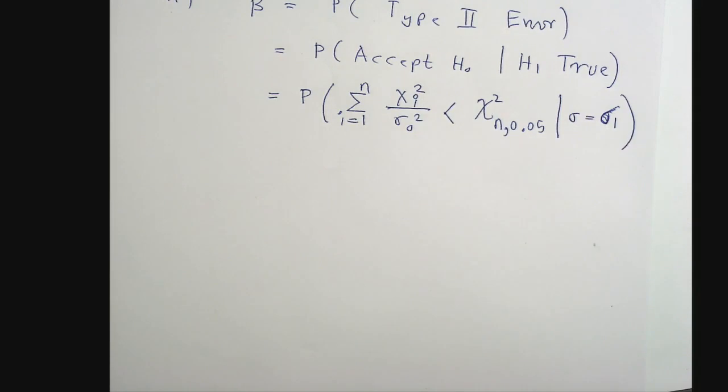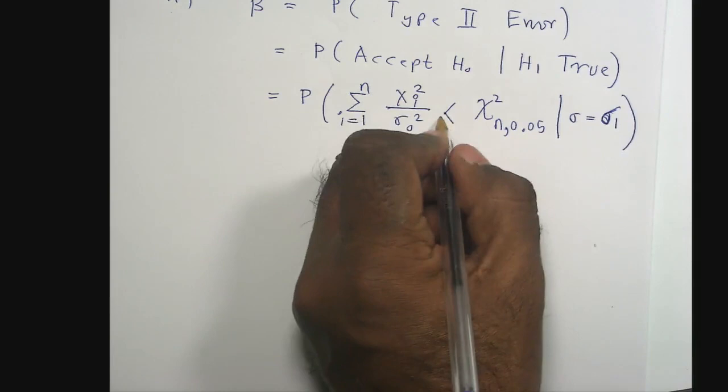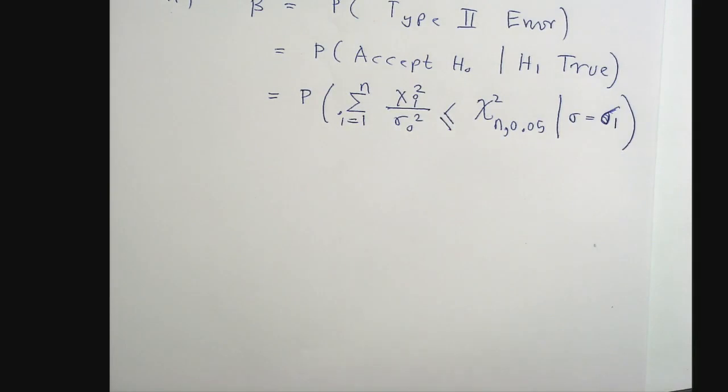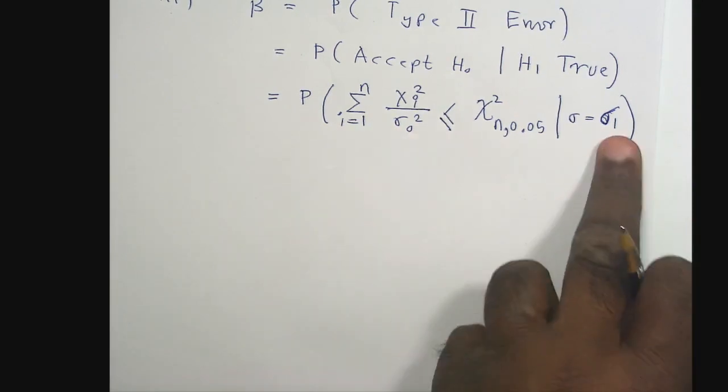You can write this as the probability that you would accept the null hypothesis, right? Remember, accept is the opposite of rejecting. So in part 2 we saw that we reject the null hypothesis if it's greater than K. So we will accept the null hypothesis if it's less than or equal to K. Now here you must realize that the true standard deviation is no longer sigma 0, it's equal to sigma 1.